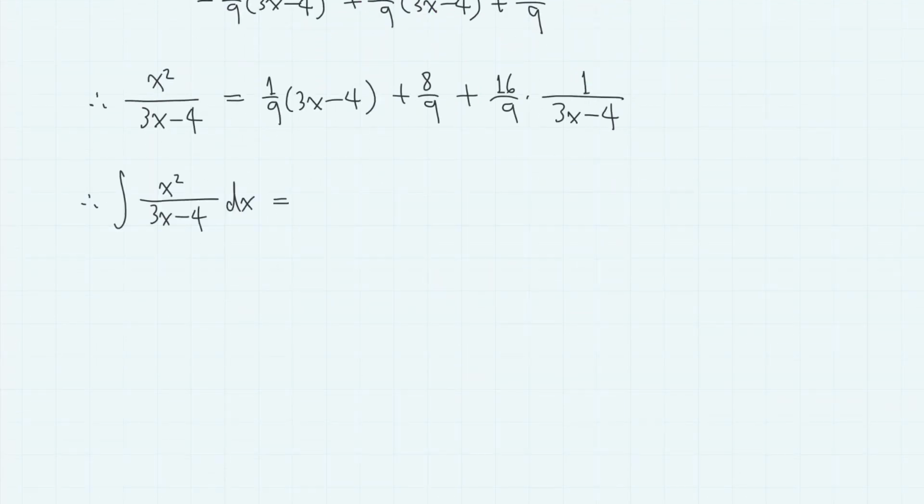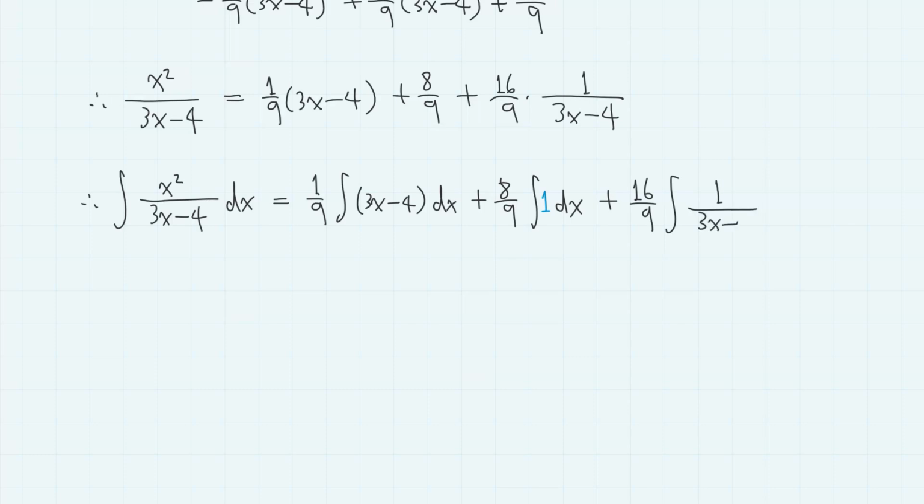And now we can integrate each term easily. So now we have 1 over 9 times integral 3x minus 4 dx plus 8 over 9 times just integral dx, which means integral of 1, plus 16 over 9 times integral 1 over 3x minus 4 dx.